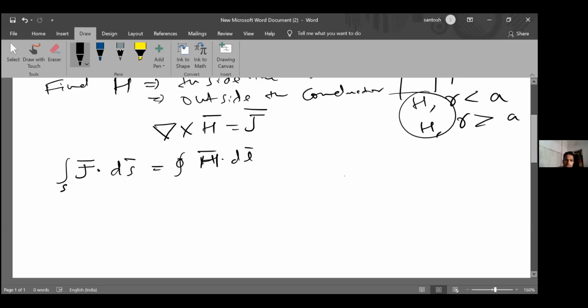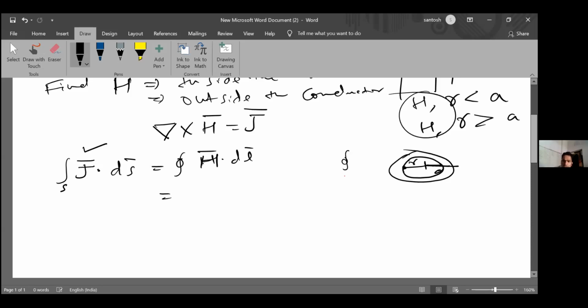What all things have we been given? We have been given J bar, so let us first calculate that. If this is a cylinder of radius a, and I take a Gaussian surface, I wish to find H at any point with a small radius r within the conductor.